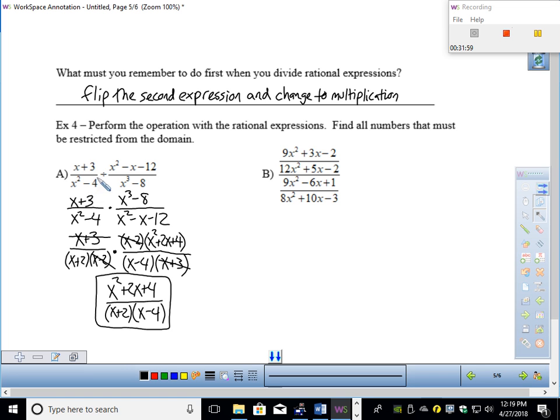But I want you to just very lightly on your paper circle this, and circle that. So again, always looking at the original. And just make a little note off to the side for what you had circled very lightly on your paper. Those are the components of the rational expressions, actually, when you're doing division, that can't be 0.